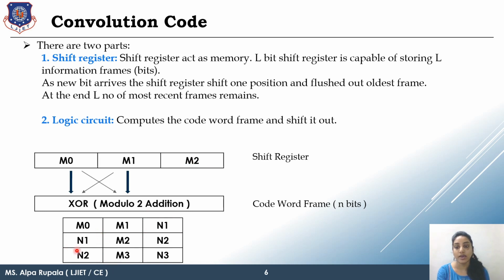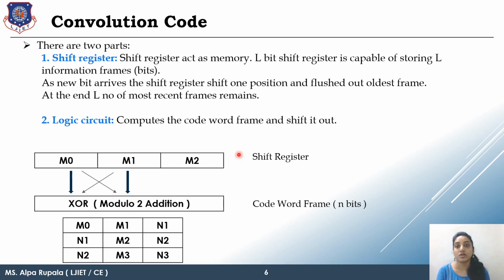So N1 and M2 are XORed, and by this XOR operation we get N2. In the next shifting we will have N2 and M3. The calculation will be done on N2 and M3, and ultimately we will get N3. And so on, and the same process is repeated at the receiver side.